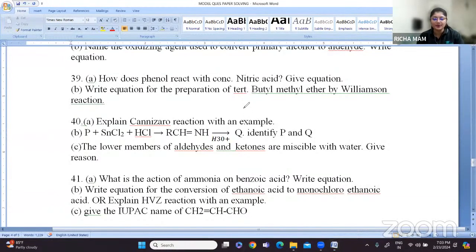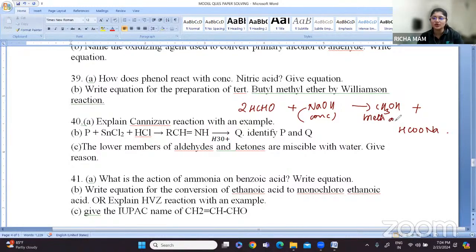If I give you an example, 2 formaldehyde in the presence of concentrated NaOH gives you methyl alcohol plus sodium formate. So you have to name them here: this is methanol and this is sodium formate. So for the explanation 1 mark and for the equation 1 mark.